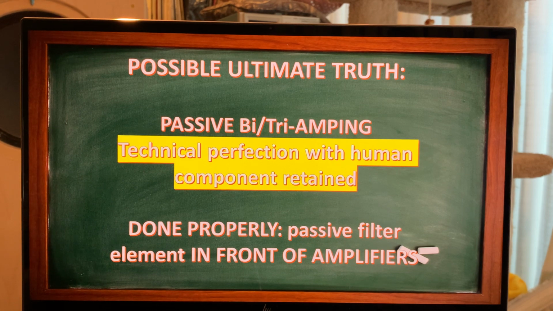Oh, no. When you do multi-amplification and crossover properly, you put the passive element in front of the amplifier. So your amplifier is linked directly to your driver, and it's at the low level signal, the line level signal, where the passive crossover does its job.